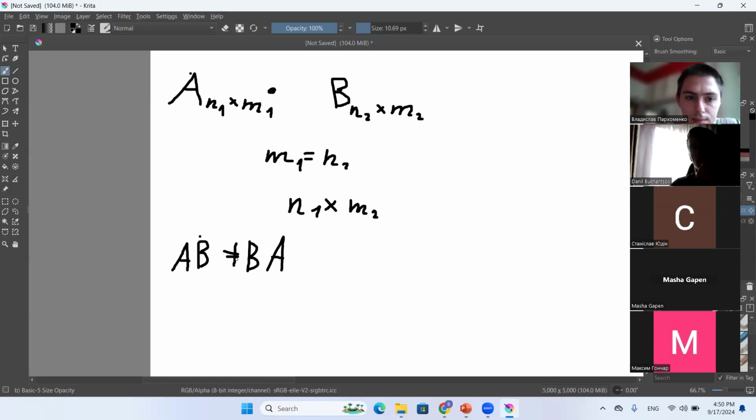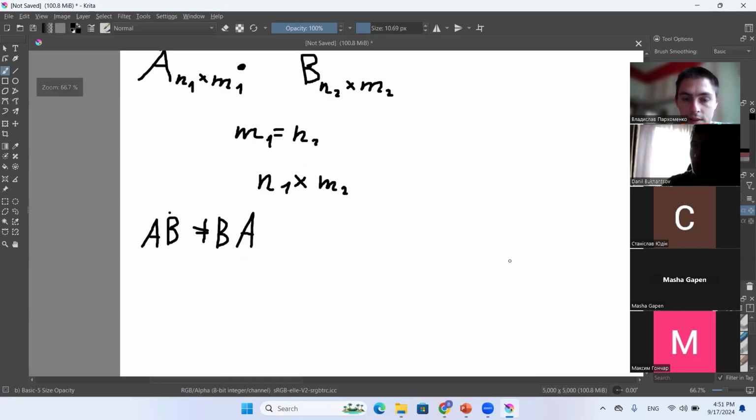But there are some matrices where we can change their order and their composition is equal; they are called commutative. But it's a partial case.